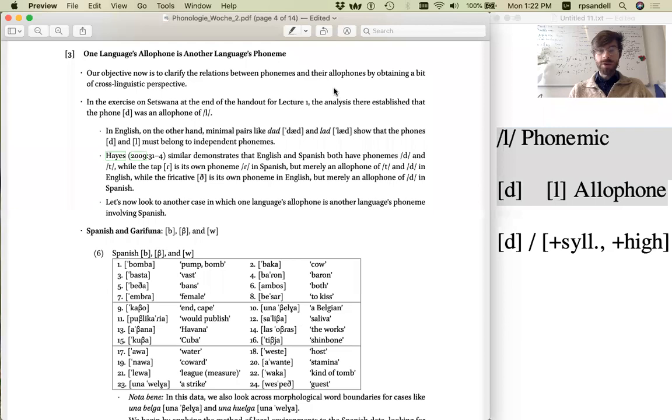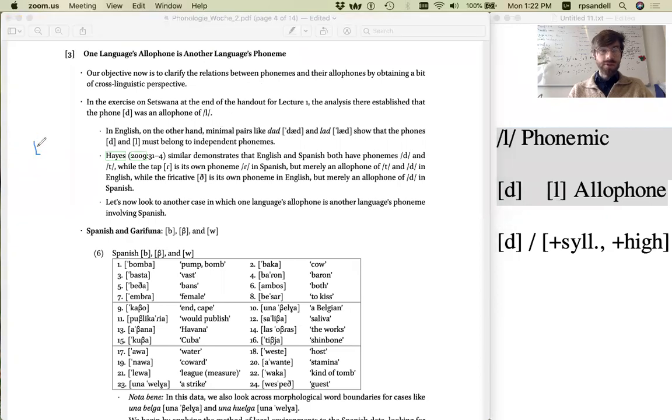Maybe I'll try to draw that for you. So, all right, in Setswana, we have the underlying phoneme la with the two allophones, d and l.